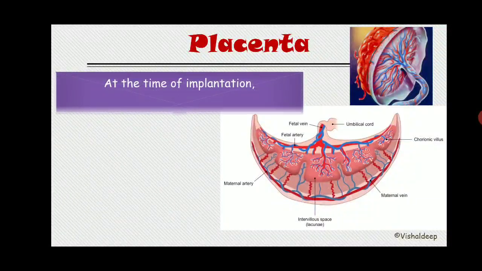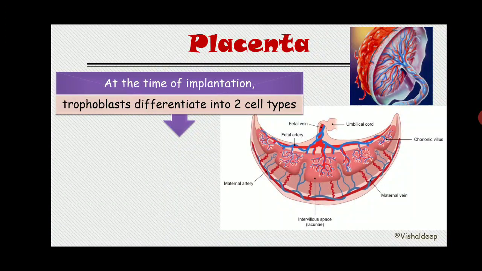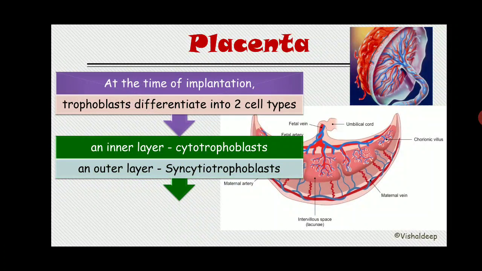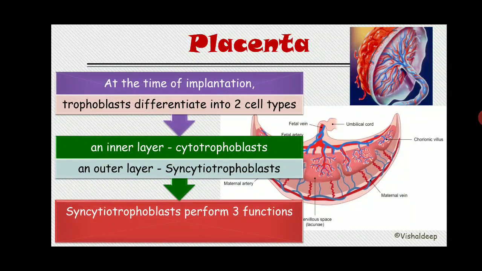So at the time of implantation, the trophoblast will differentiate into two layers. One layer is the inner cell layer, known as the cytotrophoblast. The outer layer is known as the syncytial trophoblast. Got it? And the syncytial trophoblast that makes the outer layer has three functions. It attaches to the endometrium or the decidua. Now the endometrium of the uterus after pregnancy is known as decidua.